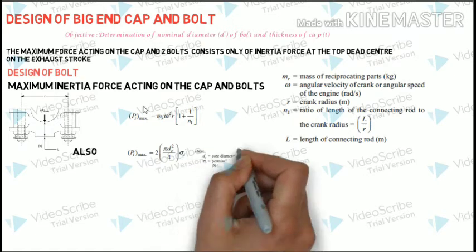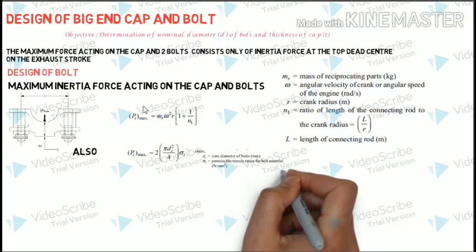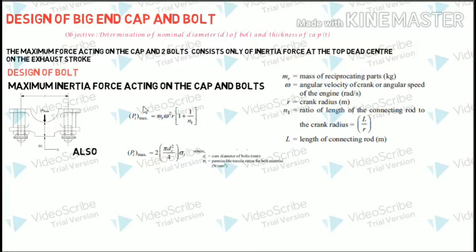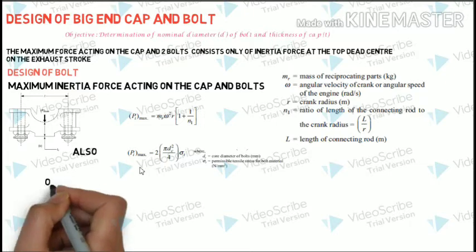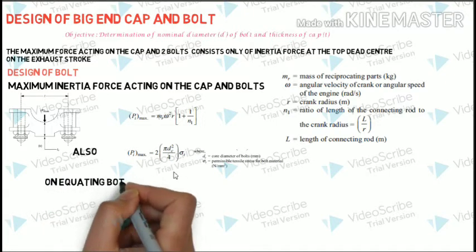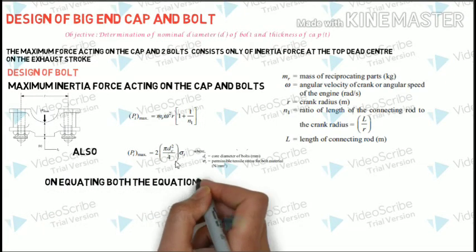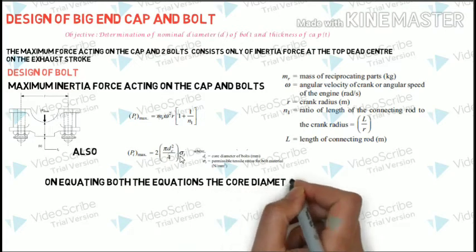Now, since a P_I max force is acting on this cap, the bolt actually withstands this force, or it is resisting this force. Therefore the P_I max, which is the force resisted by the bolt, is given by P_I max is equal to 2 times pi by 4 dc square into sigma t.